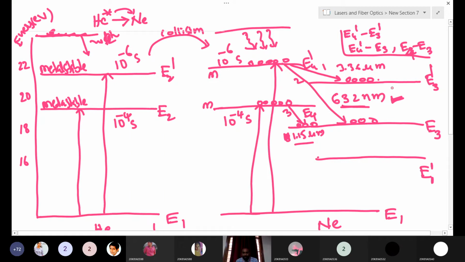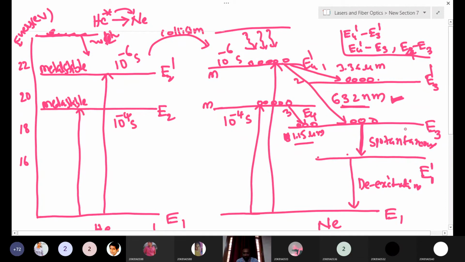Now atoms are accumulated in the E3 and E3 dash levels. After that, they come to the E1 dash level by spontaneous emission, or by collision with the discharge tube. From E1 dash, they come to the ground state by de-excitation, colliding with the walls of the discharge tube.